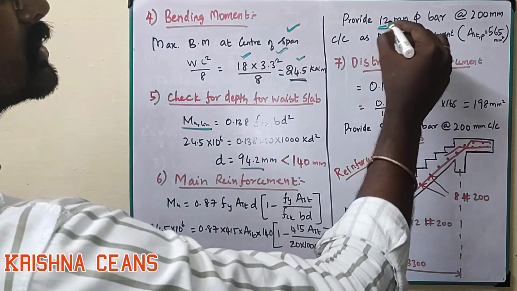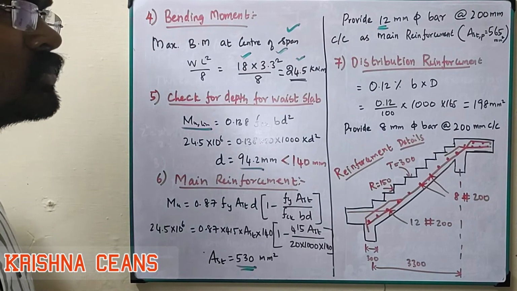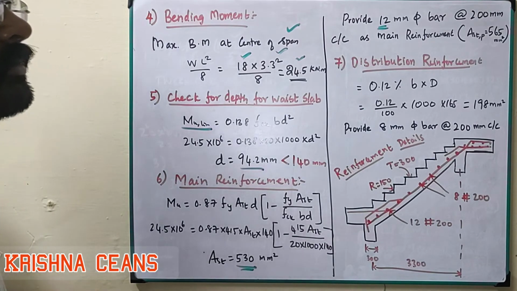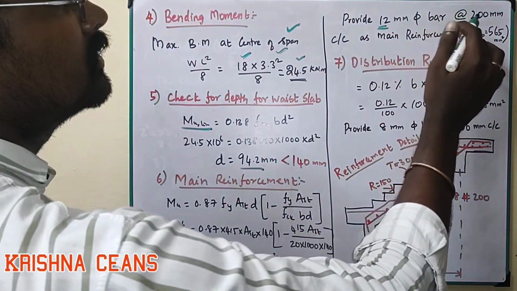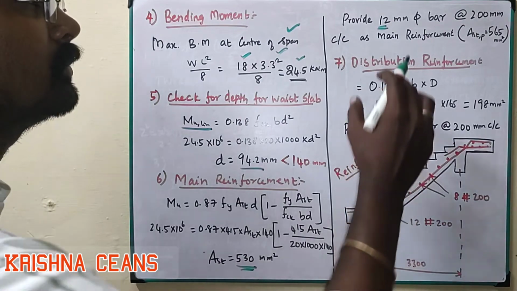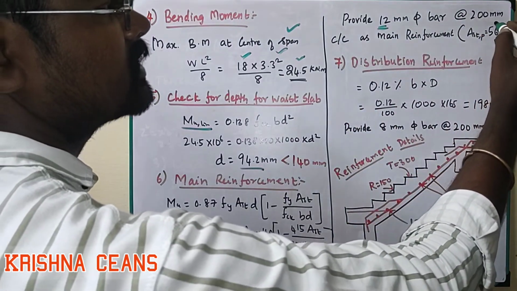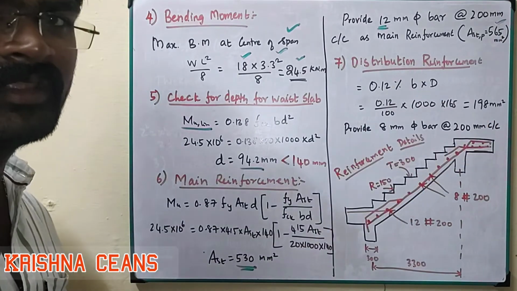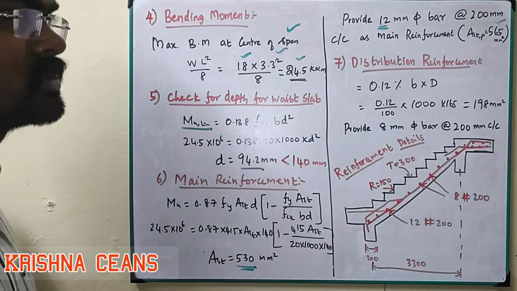We can choose 10 mm or 12 mm, but here we choose a 12 mm dia bar. We finally get 200 mm center to center spacing of the 12 mm main bar, which gives 565 mm square. We need 530, but we provided 565 mm square, so it is more than sufficient.